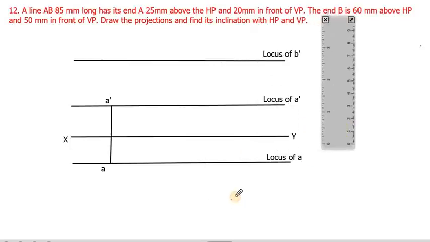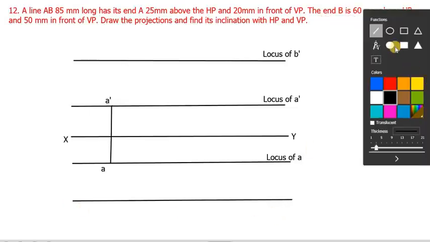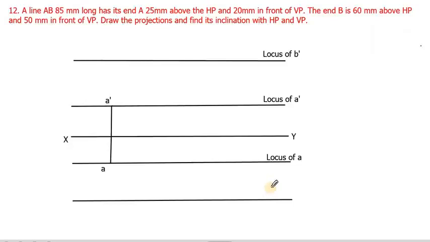So this point is the reference point to draw the locus of B. So draw a line crossing this point. So this will be locus of B.